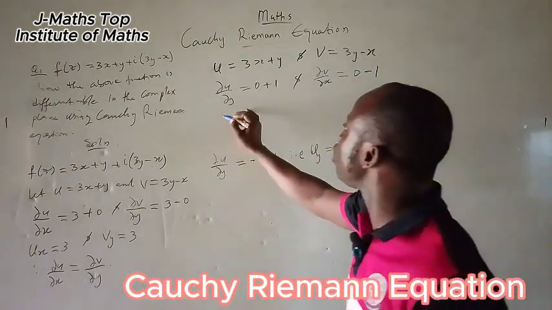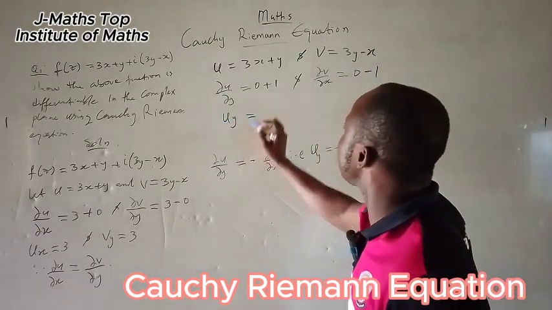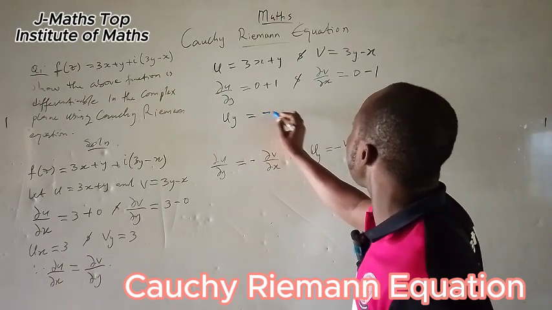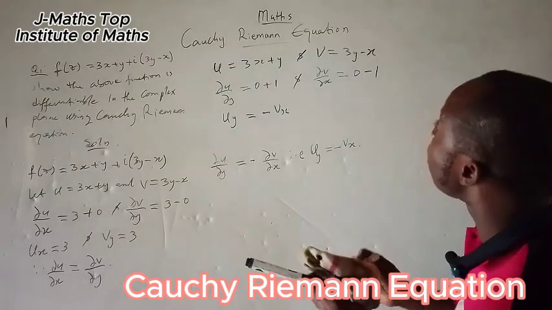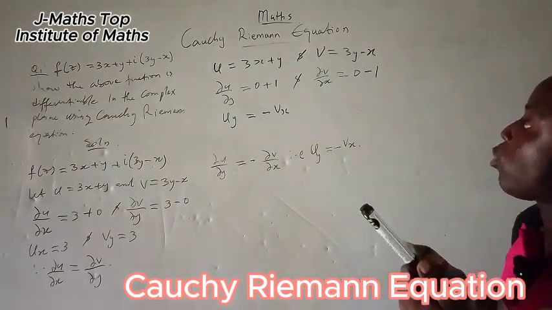So you can see that u sub y is equal to minus v sub x. Definitely the second equation of the Cauchy Riemann Equation holds.